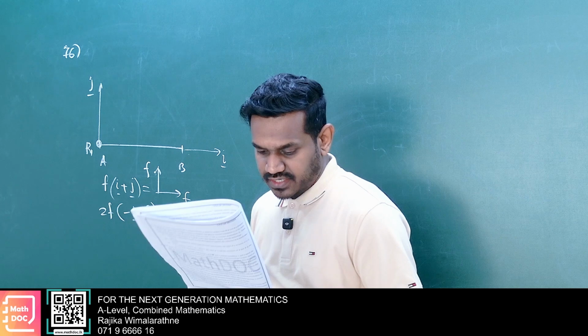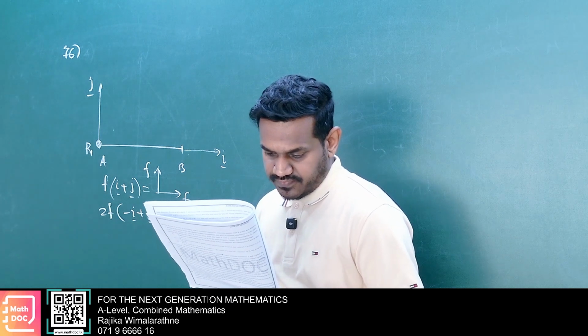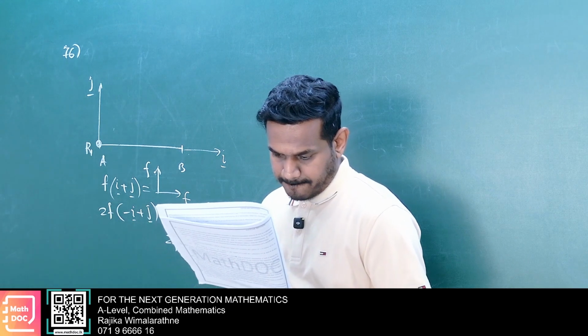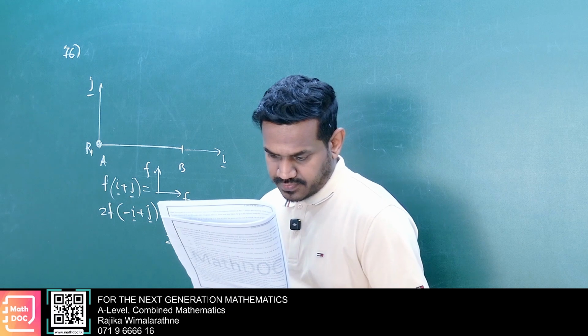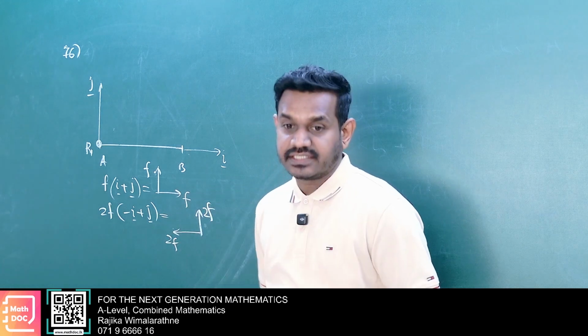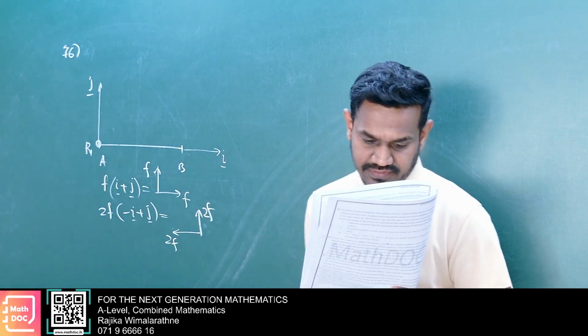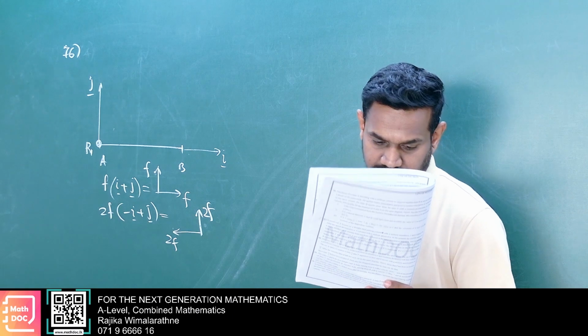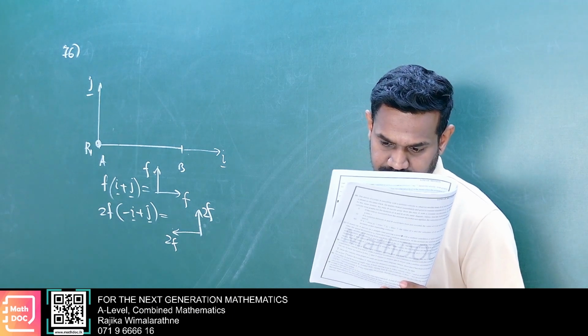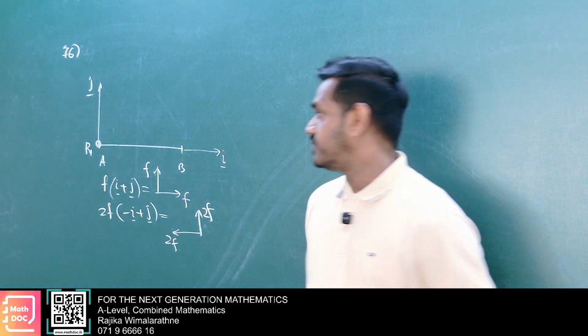Then R1 starts at T0. Consider initial velocities are 0. Then the second rocket starts after time t naught, no? Okay.